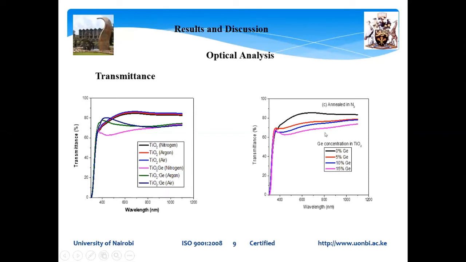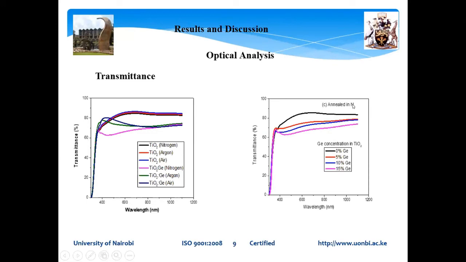On this other spectra, we have different concentrations of TiO2 when germanium was added into its matrix. So we have 5%, 10%, and we also have 15% germanium concentration in TiO2. I have also taken just one spectra for the films annealed in nitrogen.